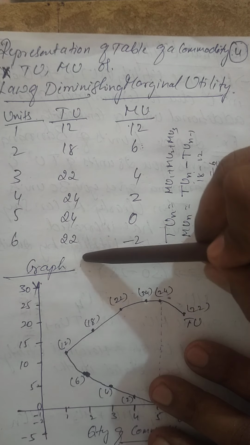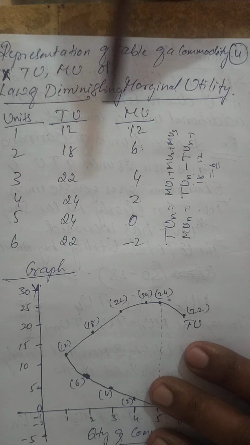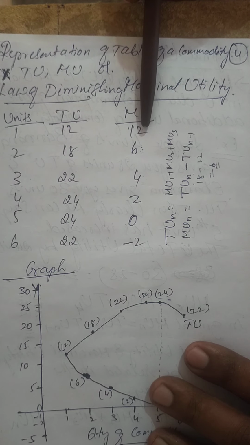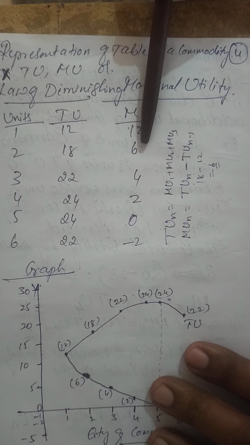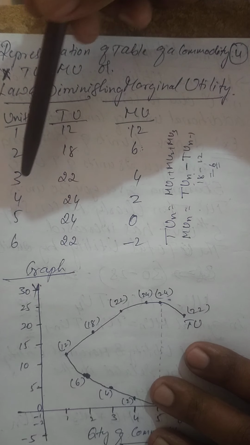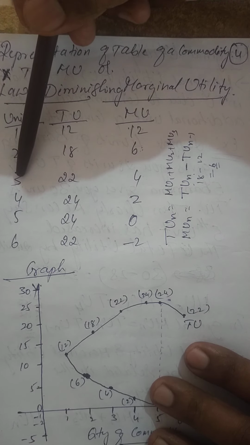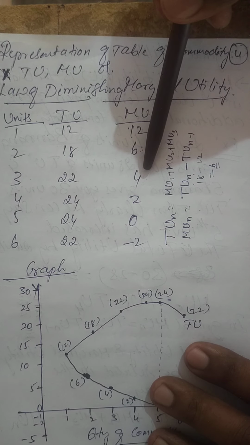So now let us see marginal utility. So when I consume the first unit of consumption, I will get 12 units of satisfaction. When I consume the second unit, my satisfaction level goes to 6. When I consume the third unit of apple, it is 4.